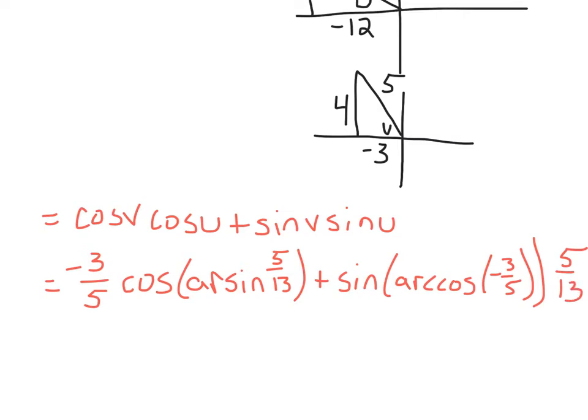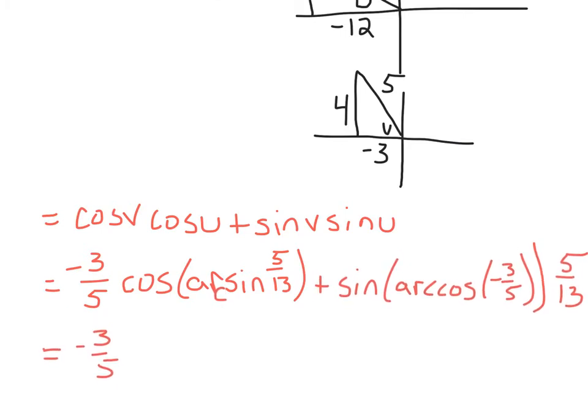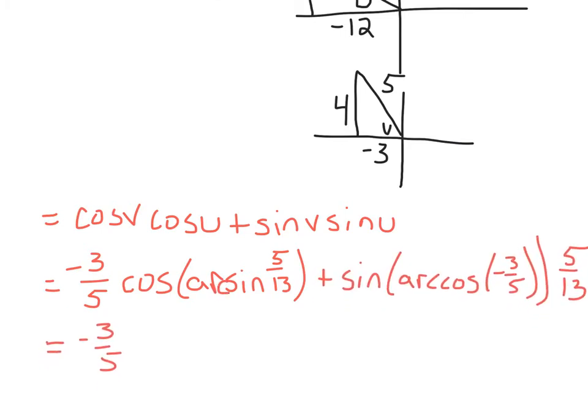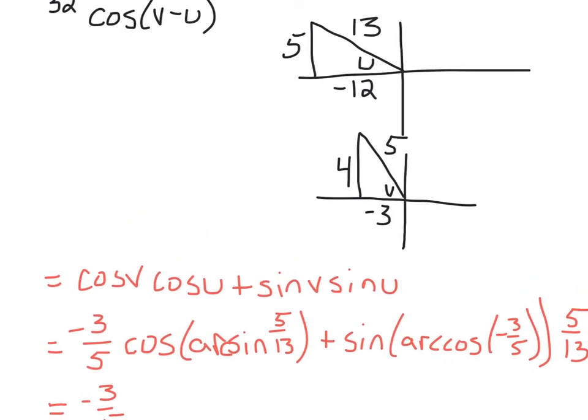We did this a while ago, but the way the cosine of arc sine and the sine of arc cosine work is we're basically just going to the proper triangle and finding the cosine ratio. So I'm going to leave negative 3/5 here. We go up to our first triangle, and we're basically just finding the cosine of u now.